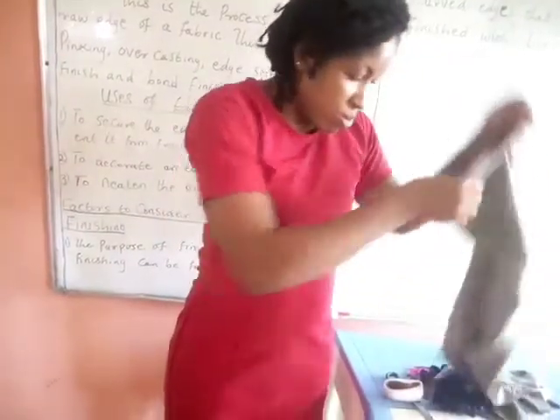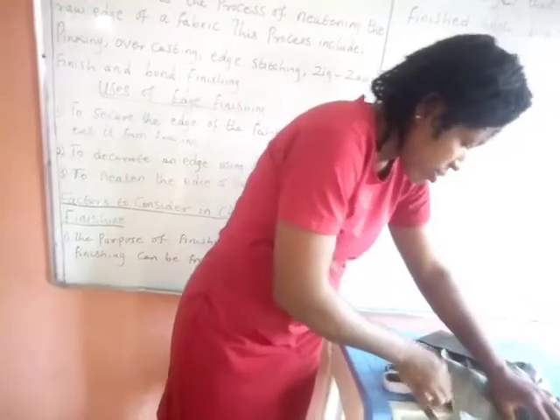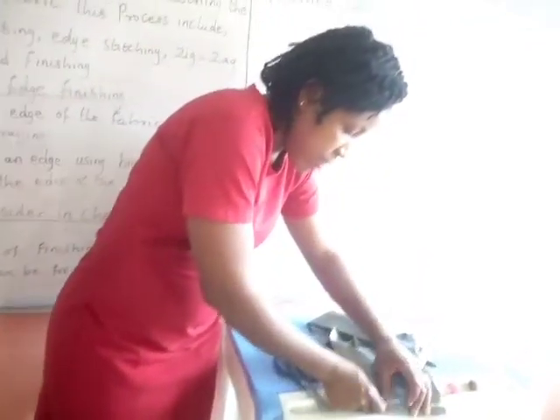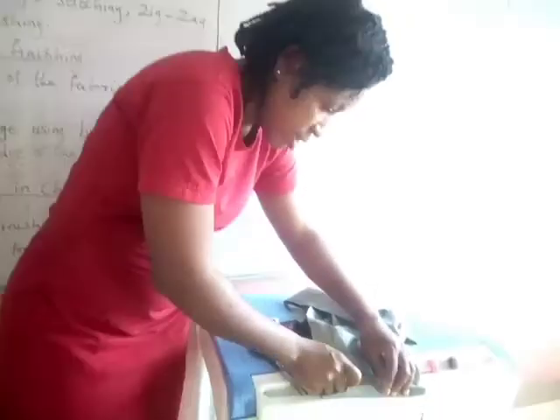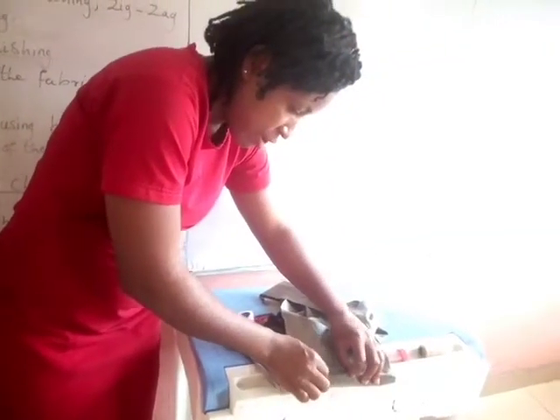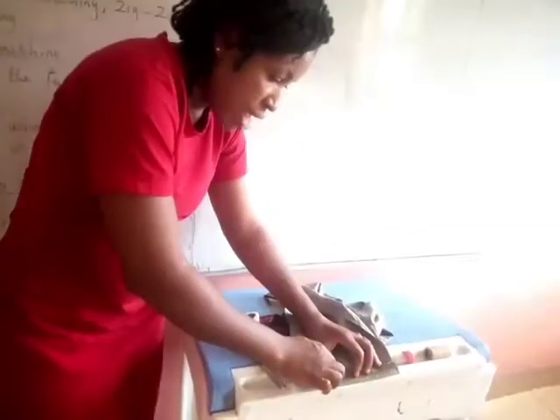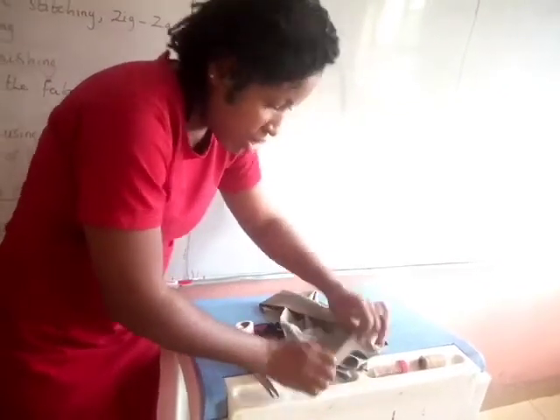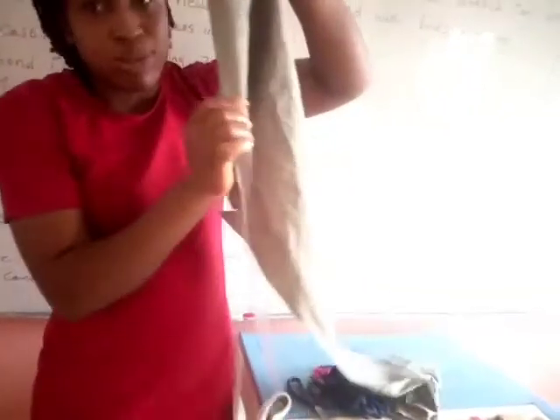And the next thing is to take the hemming gum. Here's the hemming gum, and by then my iron is on. I have to put the hemming gum there and take the hot iron and press on it for it to lap very well. Now you can see how the right surface of the fabric will look.